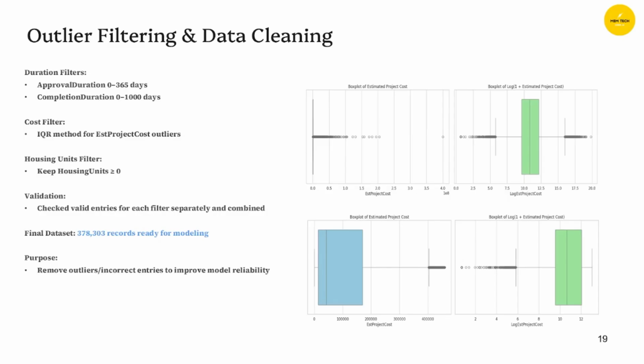Validation checked valid entries for each filter separately and combined. And finally, the number of data records is now 3,78,303 for modeling. And what is the purpose of that? As we have discussed, the purpose is to remove outliers or incorrect entries to improve the model reliability.